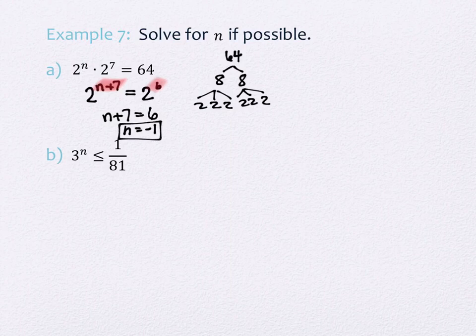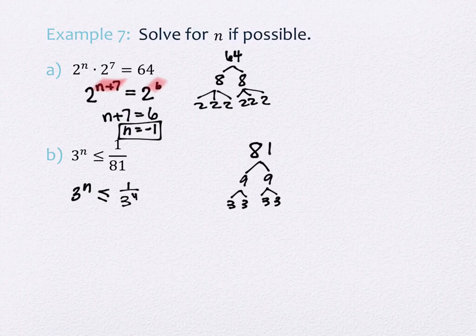On the second one, we need them to have the same base as well. And 81, if we break it down, is 9 times 9. And then 9 is 3 times 3. So this 81 is actually 3 to the 4th, which stands a chance, but it's in the wrong place. It's in the denominator. But I can bring it up to the numerator by making the exponent negative.